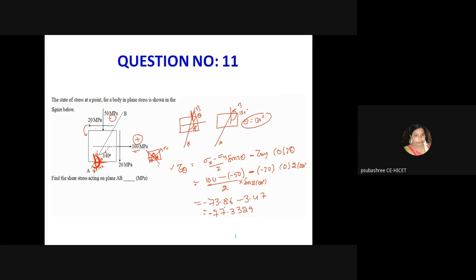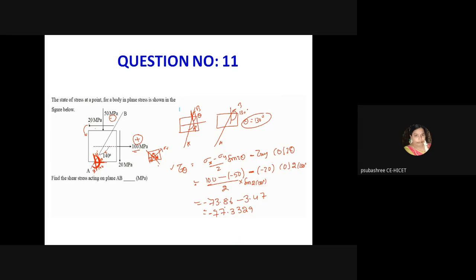The state of stress at a point for a body in plane stress is shown in the figure below. All of you refer to the drawing.